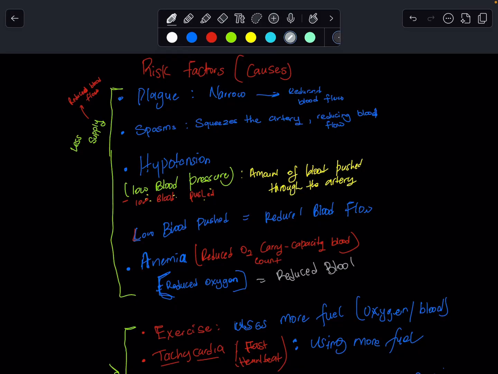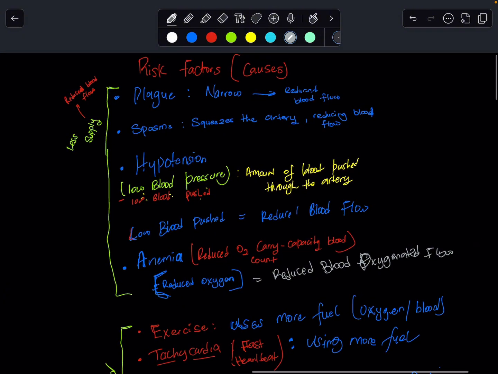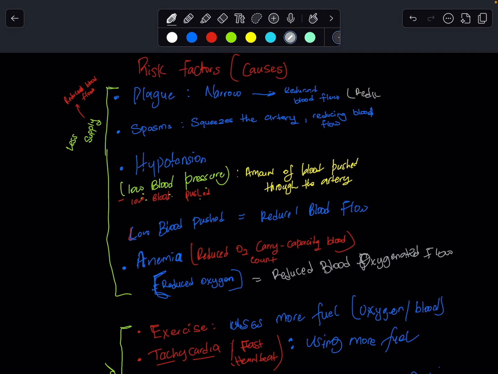And guys, remember, when I'm saying reduced blood flow, it's all about the oxygen. Because what the heart wants is not just blood, it wants oxygen. So reduced blood flow equals reduced oxygen. Maybe I need to make that clear. It's all of them, guys.